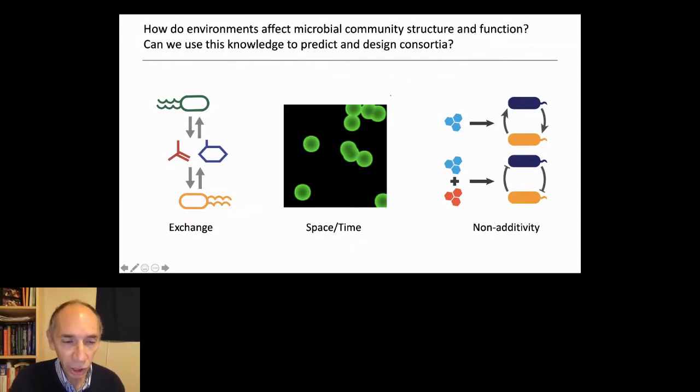We're interested in exchange of metabolites across different species. We're increasingly interested in how the temporal and spatial scale affect microbial community assembly and dynamics, and also more recently in how microbial communities are affected by the combination of different environments. What happens if you have multiple molecules relative to how a community behaves on individual compounds?